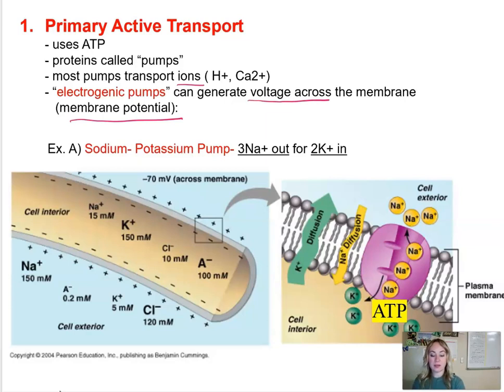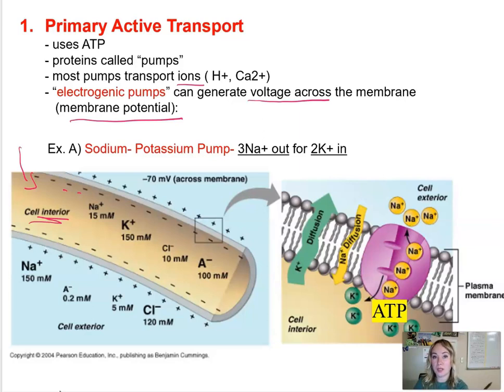So what do we mean by that? Let's take a look at this cell right here, which is an axon of the neuron. Now we're looking inside of this axon, so we call that the cell interior. Notice the charge on the inside of this cell, we have a negative charge. You see all these negative signs? And the outside of the cell is going to be positively charged.